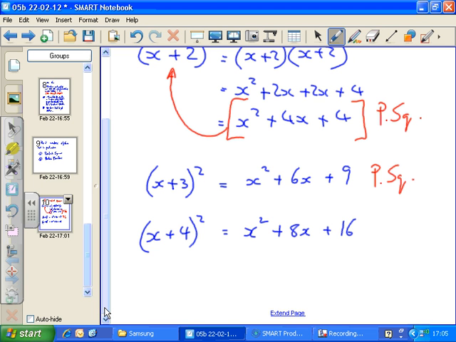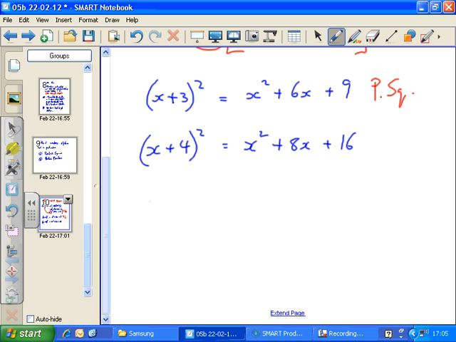So, can you see the pattern? If you didn't know that was a 4, how did you arrive at that? Look at the top one.